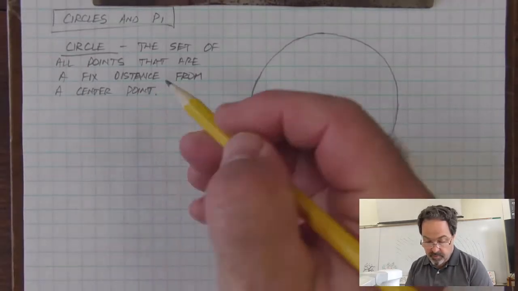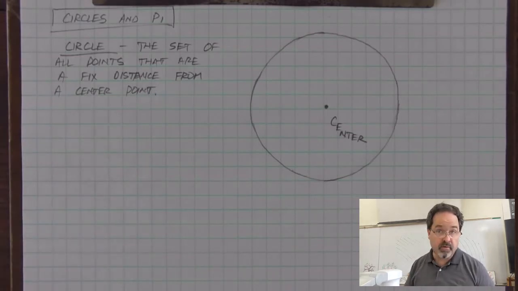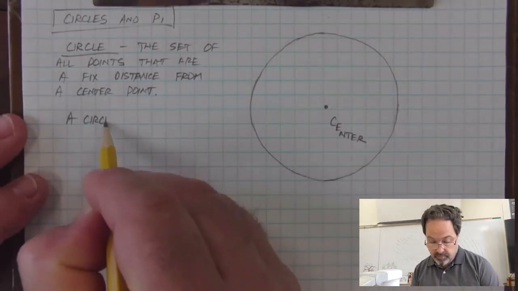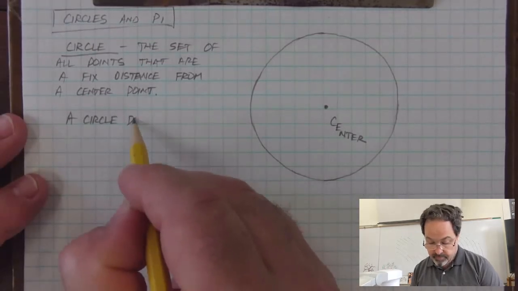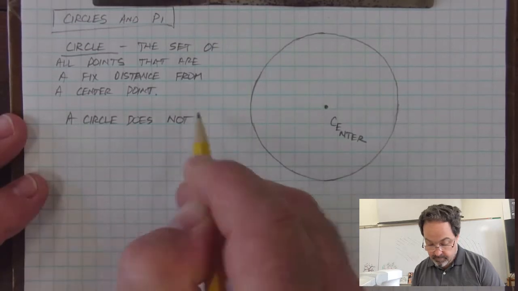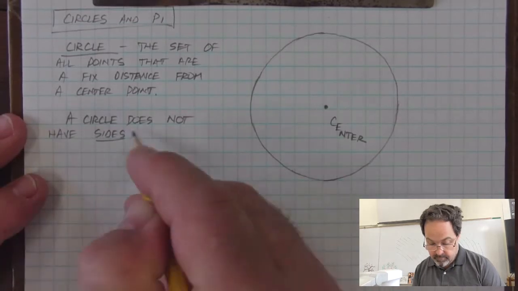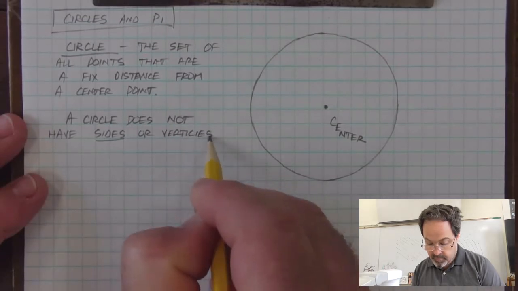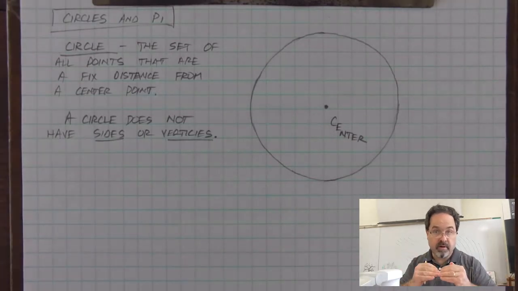This definition is a little bit unusual because a circle we call a shape, but a circle is of a very different nature than the shapes that we're used to. A circle does not have sides and vertices. In most other shapes, vertices are the points where the sides connect.